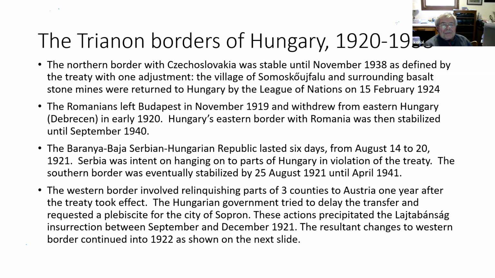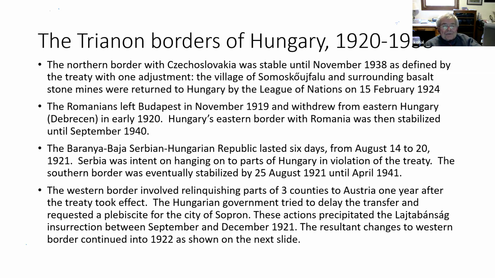Now, the western border provided a very interesting philatelic story. Parts of three counties were supposed to go to Austria one year after the treaty took effect. This was in 1921. So around August of 1921, the Austrians were ready to move into this area.